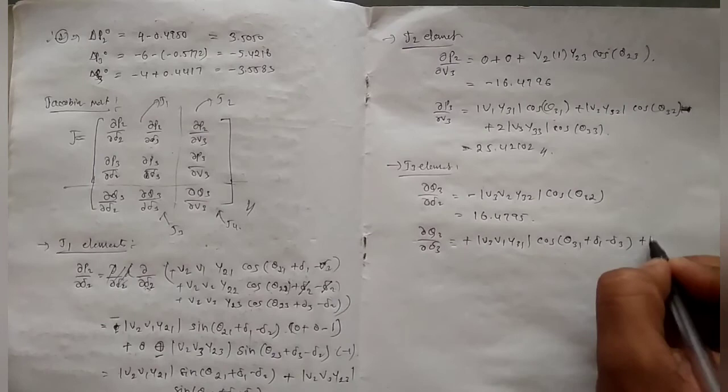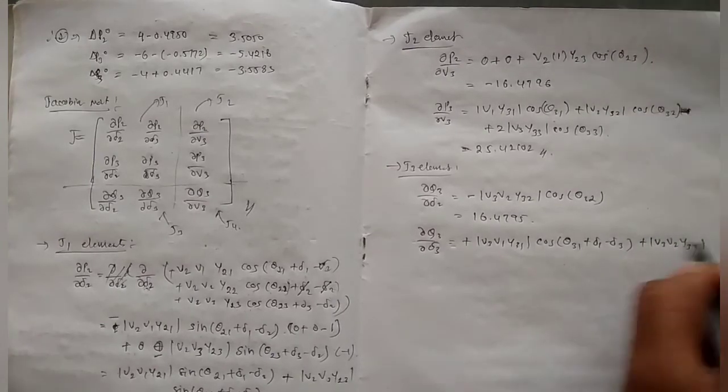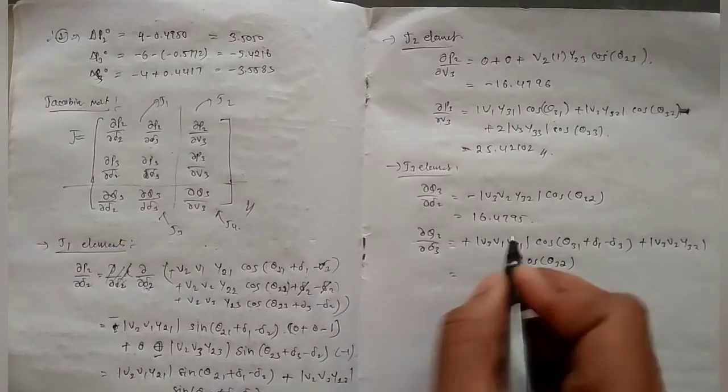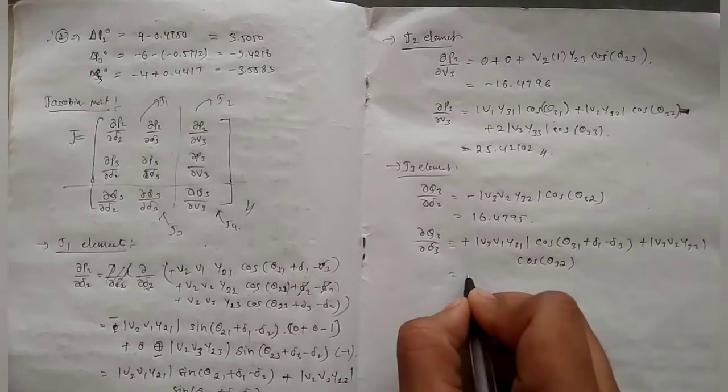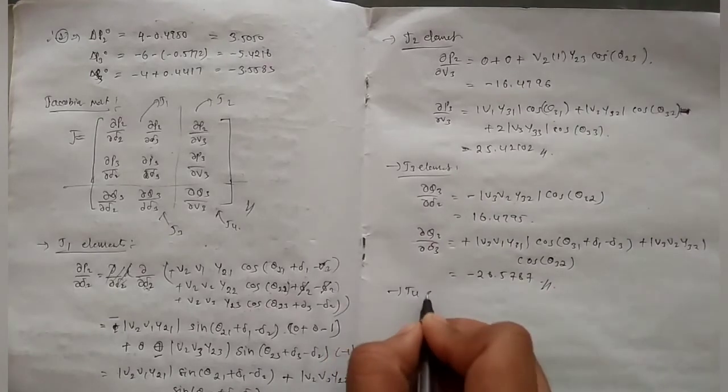My notes are in the video in the classroom. The link is in the video description. After differentiation you'll get this. Substituting all those values you'll get 26.5787.